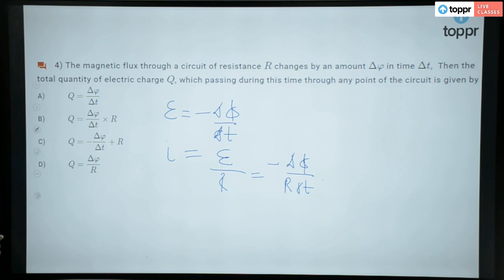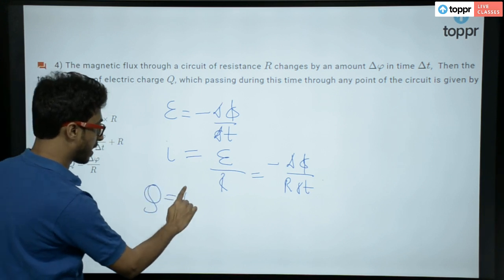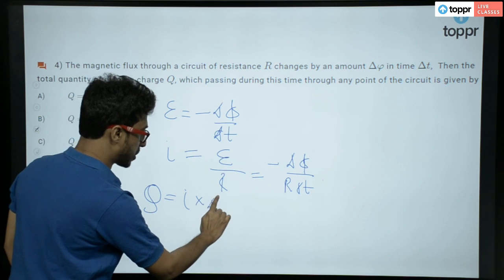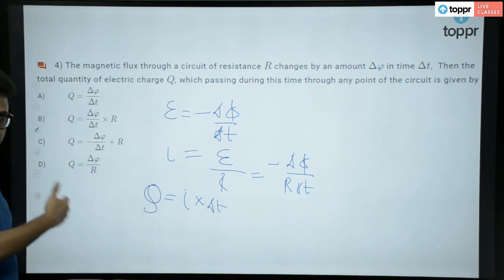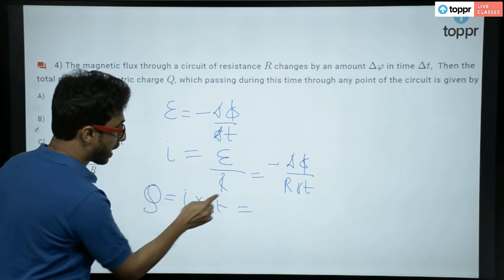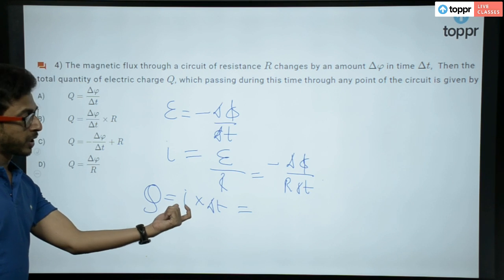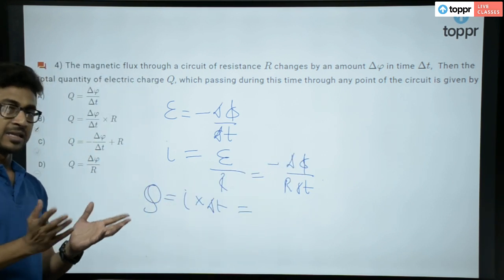Okay, if this is the current, then the total quantity of electric charge is what? Charge is nothing but current into the time, right? Current passed through a certain interval of time. For this current, we are only considering the numerical value, because here charge is a scalar quantity.